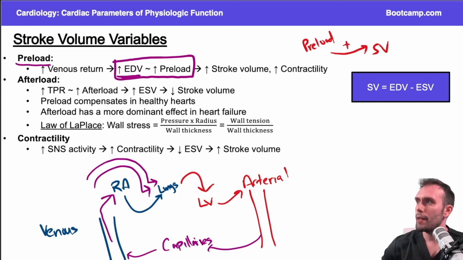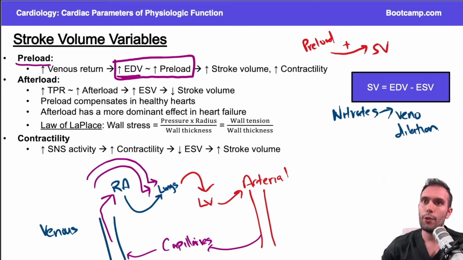Now, what happens if I give a patient something like a nitrate? So nitrates, let's write that in here. Nitrates actually cause venous dilation. So these are going to cause the veins to dilate. Now you have to be careful because we have drugs that are arterial dilators, we have drugs that are venous dilators, we have drugs that are arterial constrictors, we have venous constrictors.